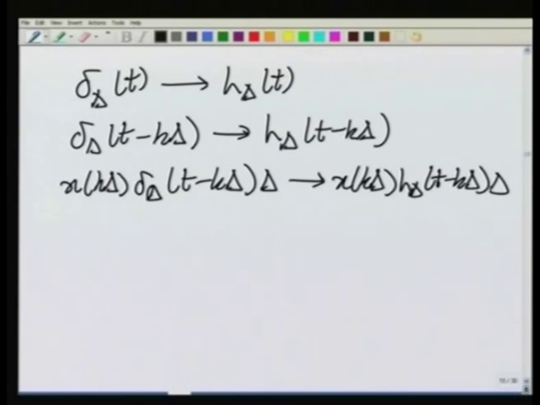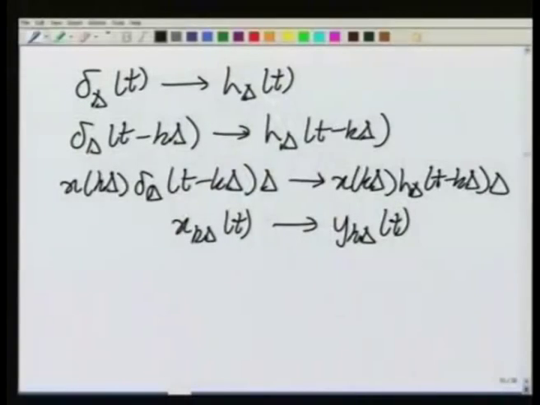In short, we could invent a new intermediate function, which we could call the right side, say y_kΔ(t), as resulting from the left side, which we know to be equal to x_kΔ(t). So, you apply x_kΔ(t), you get y_kΔ(t). Now, we have already used time invariance in the first step, where we have shown that δ_Δ(t - kΔ) should give us h_Δ(t - kΔ).